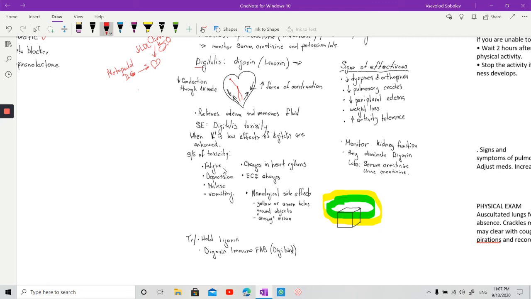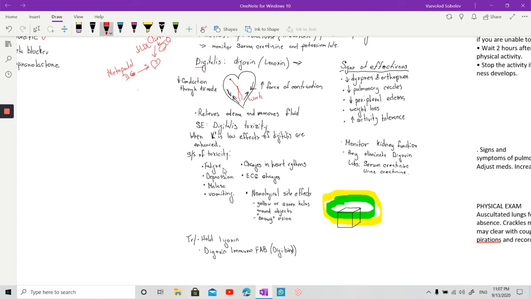It will slow down the heart, slow down the propagation of the impulse, and then it also will increase the contraction of the heart. So that will help with heart failure and increase the work of the heart.